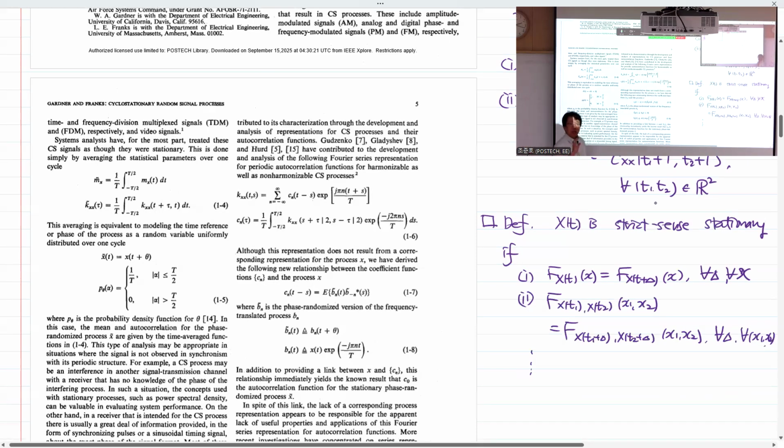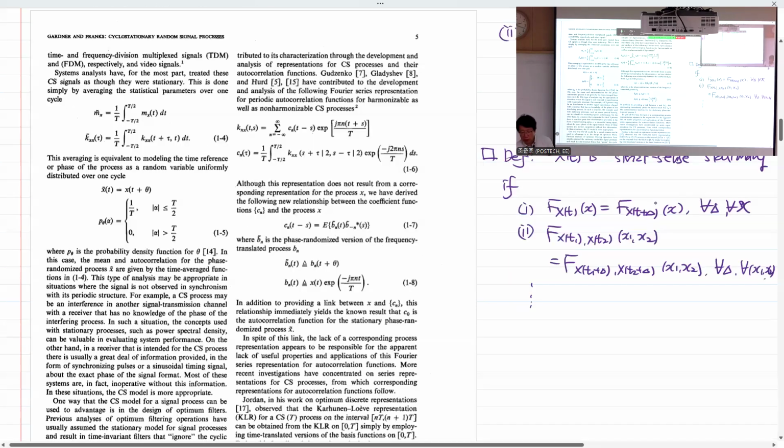For any integer n, the nth order joint CDF of a random process is invariant under translation of the origin. Some people who do not want to talk about Kolmogorov's extension theorem or existence theorem, various names you know from my graduate course of probability and random processes, sometimes simply put it this way.